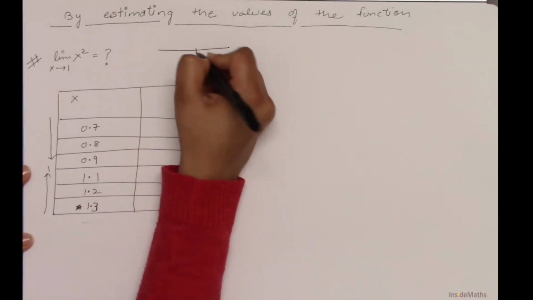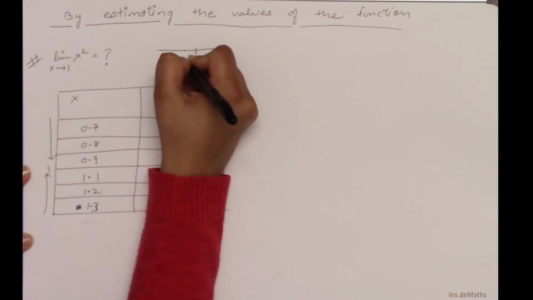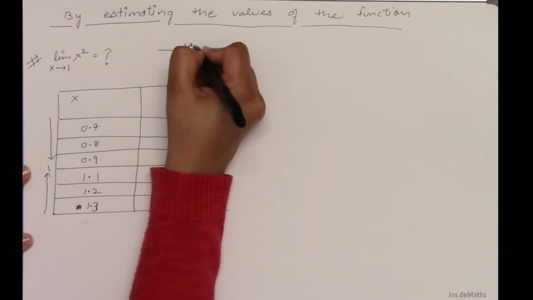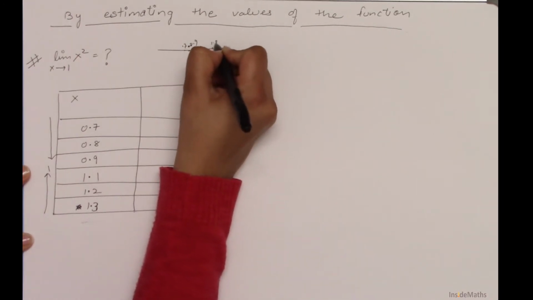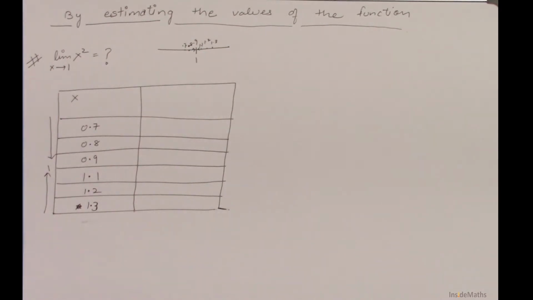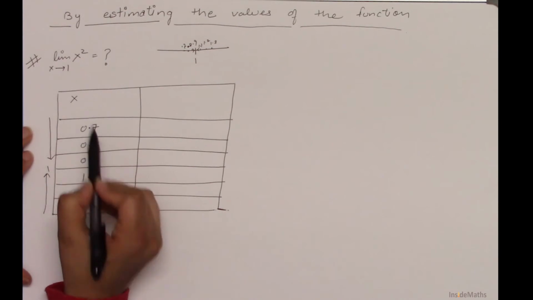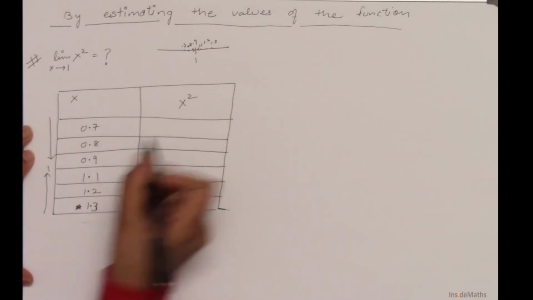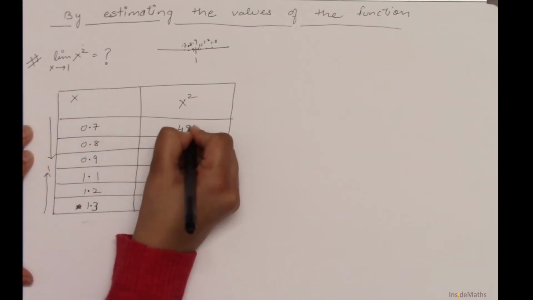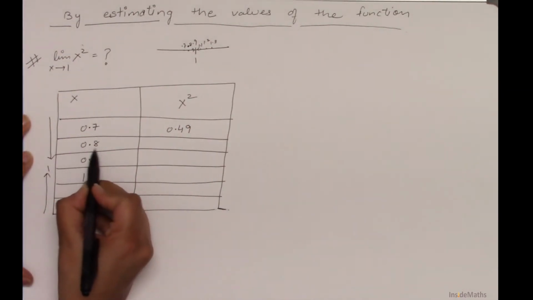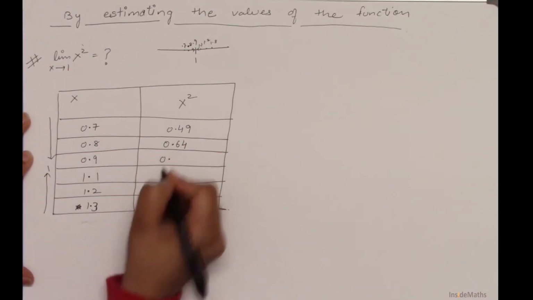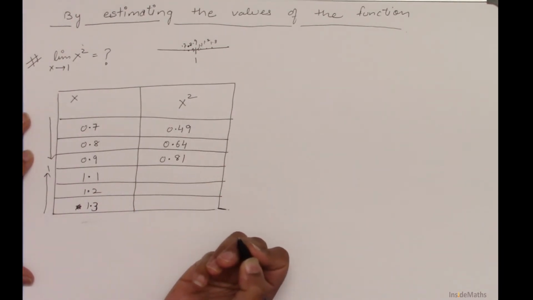If we see on the number line, here is 1, here will be somewhere 0.7, 0.8, 0.9, and from this side 1.3, 1.2, 1.1, this way. Now when x is 0.7, the value of x square is 0.49. When x is 0.8, x square is 0.64. When x is 0.9, x square is 0.81.